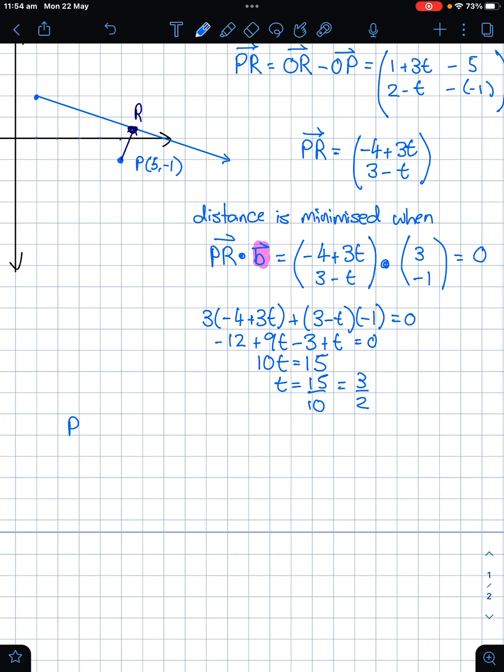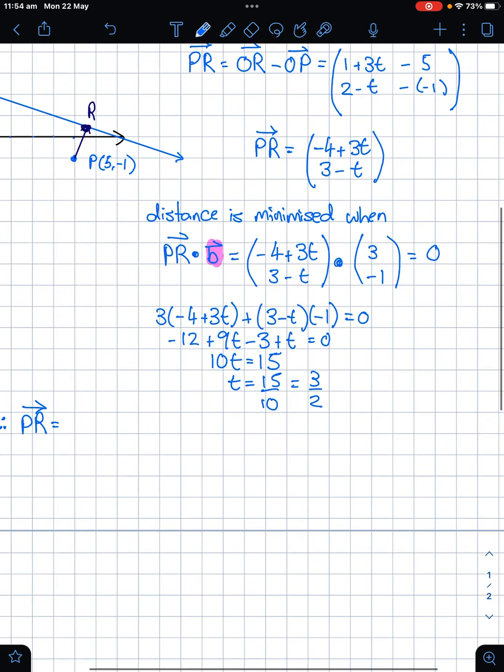So therefore, PR equals -4 plus 3 times 3 on 2, and then the other one is 3 minus 3 on 2.